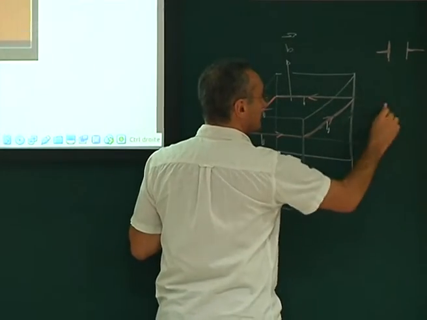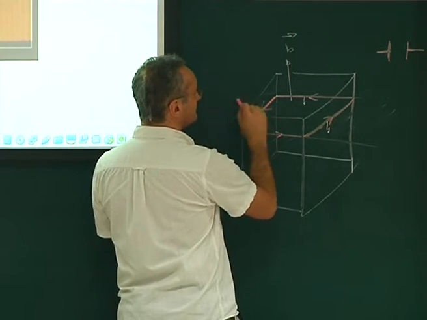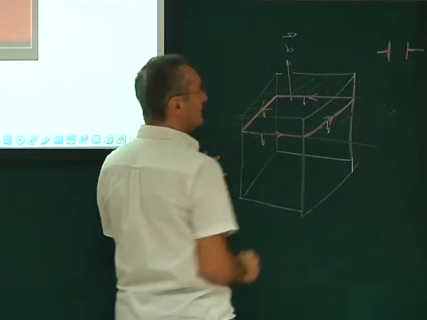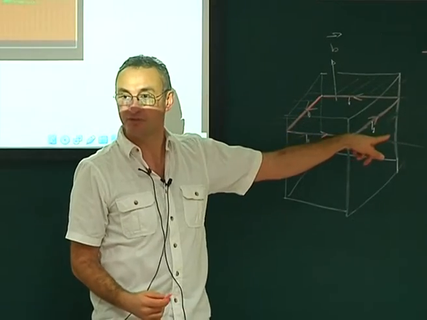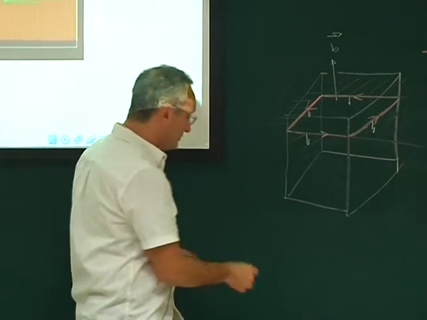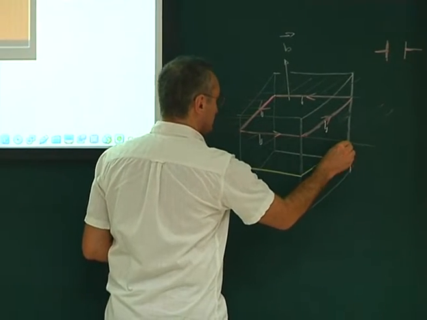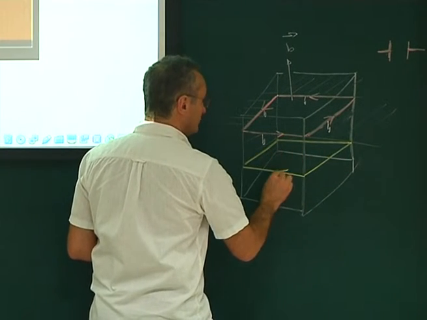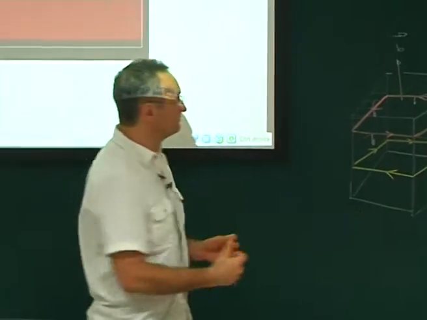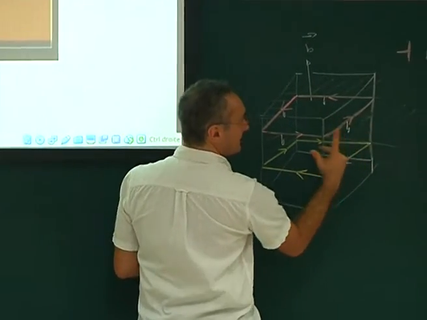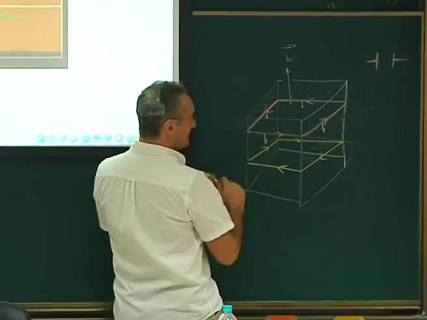So this is my extra half plane. This is my extra half plane. And this is my extra half plane. Okay? So this is a vacancy loop, just because I put this orientation. Now if I was doing the opposite one, if I put the same here but negative, if I put the opposite sign dislocation loop, this one is interstitial because u, b, n is inside. So this is my extra half plane, u, b, n is inside.